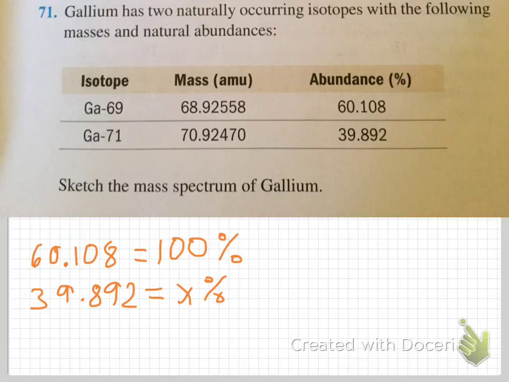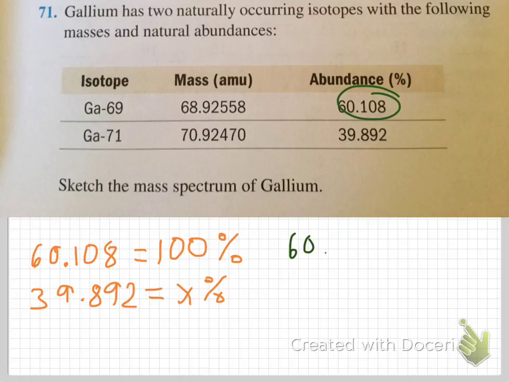So, whenever we have a mass spectrum, our highest abundance is going to be equal to 100%. So I've written 60.108 is equaling 100%. So what percentage does 39.892 represent? So we can do a simple proportion.